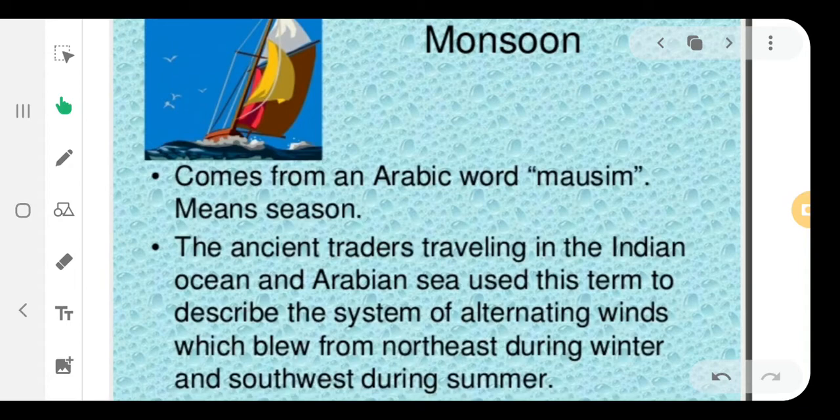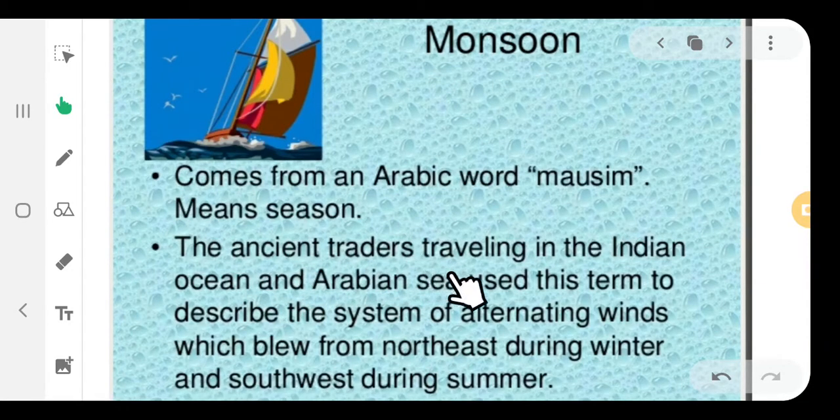Now how does monsoon come? We all know it is some mixture, or we can say activity, of earth as well as its surrounding atmosphere and the movement of air and water droplets. So first we should know what is monsoon. So monsoon comes from an Arabic word, Mawsam, which means season.